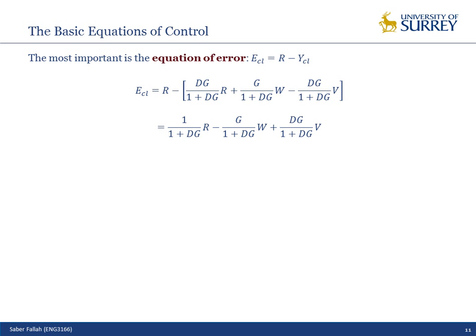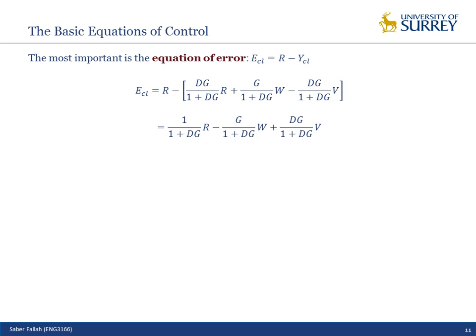If 1 over 1 plus DG is equal to 1, then I will have exactly R minus R, error equal to 0. But it's not easy to do that.